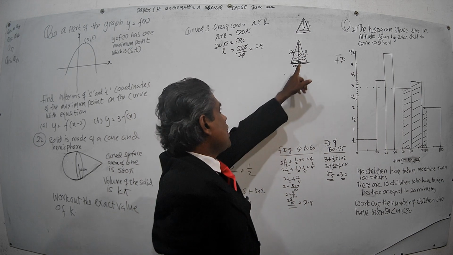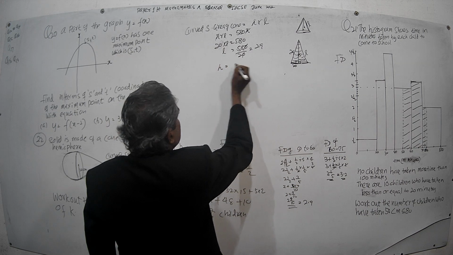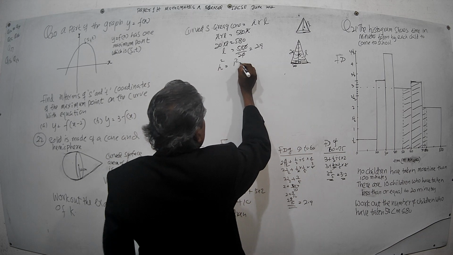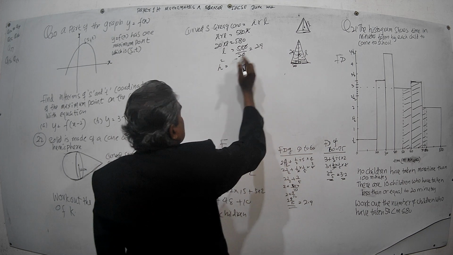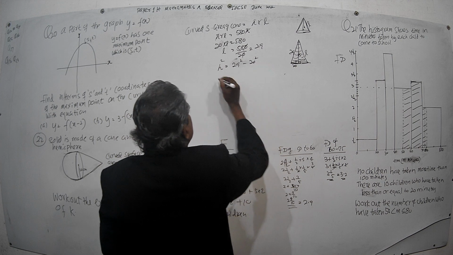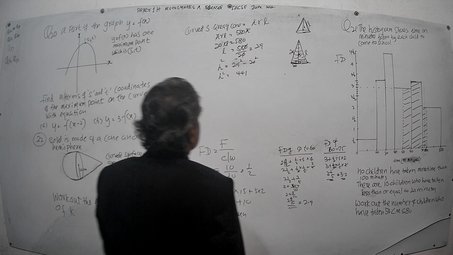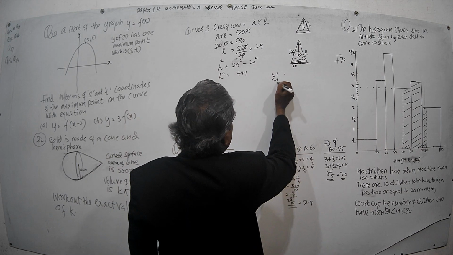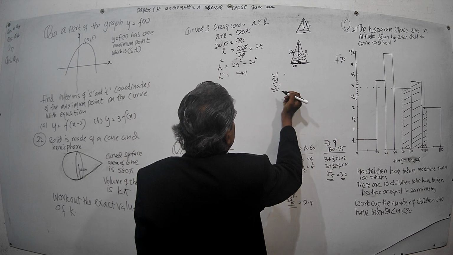So we apply Pythagoras theorem to find h. h squared equals l squared minus 20 squared. We found l is 29, so 29 squared minus 20 squared equals 441.